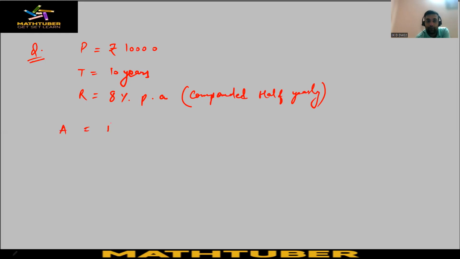So we know the formula for the amount: principal into 1 plus r upon 200 raised to power 2n, right? The rate of interest becomes half and the time becomes double in case of half yearly. So it will be 10,000 into 1 plus 8 upon 200 raised to power 20, because there were 10 years and we have doubled it.